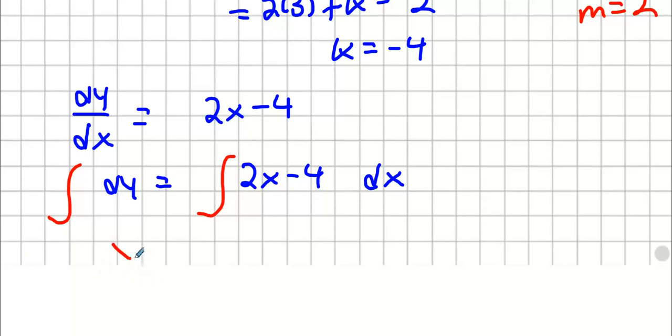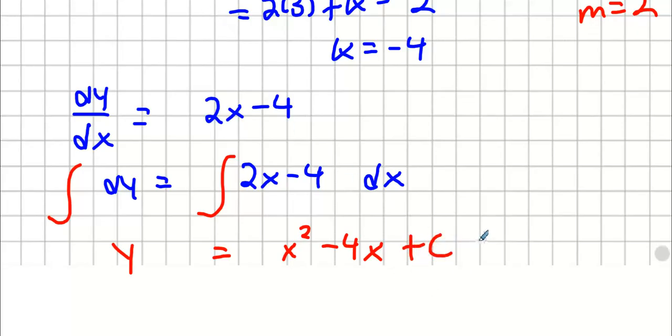I get y equals x squared minus 4x. Both constants would come together to form a constant, wouldn't they? So if you want, you can just allocate the constant to one side. That's okay. Remember, I was using m in the last two questions. So I can just put the c over here.